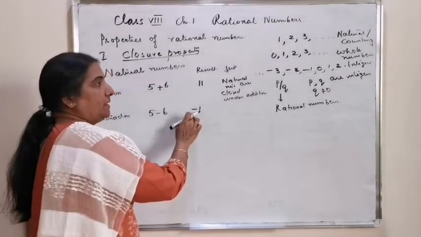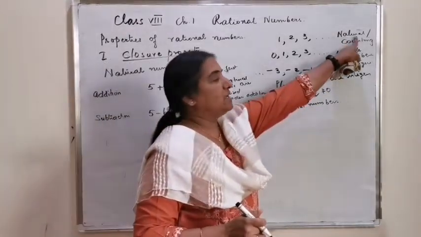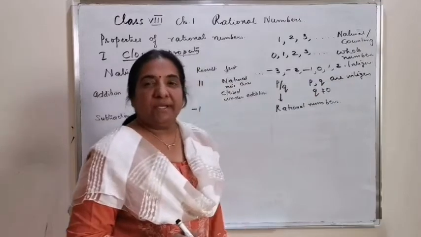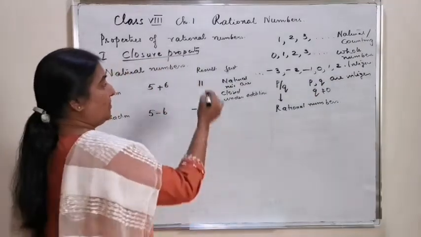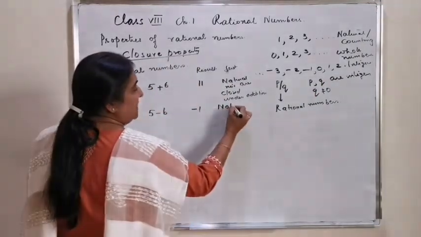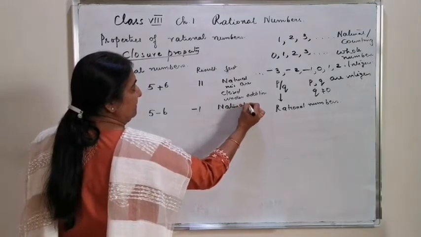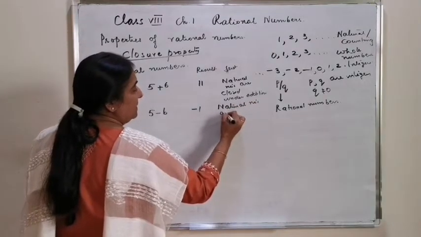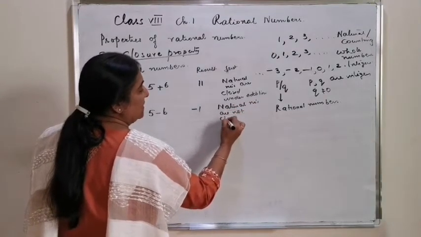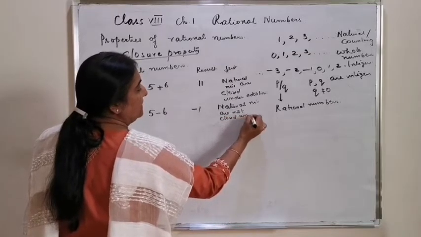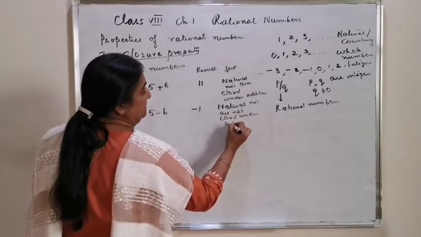Is -1 belonging to the set of natural numbers? No, it is an integer. So we can say natural numbers are not closed under subtraction.